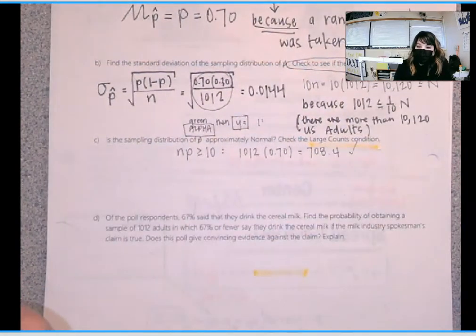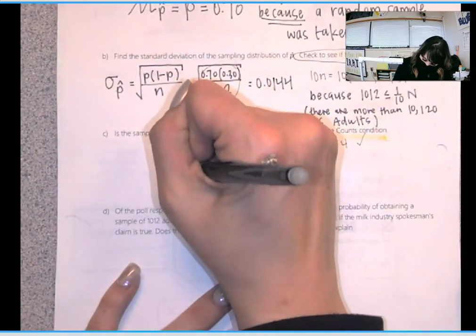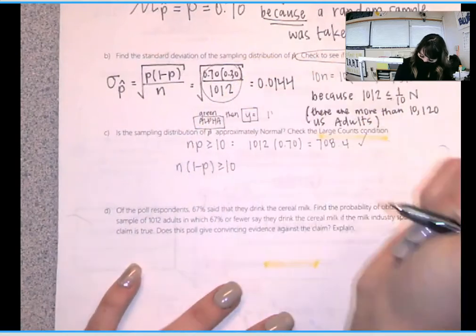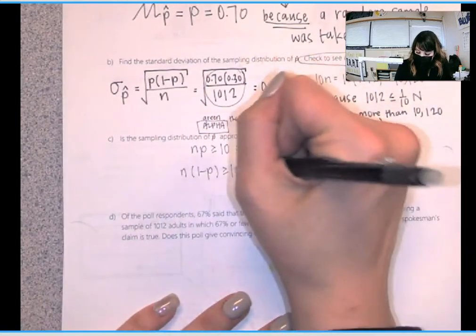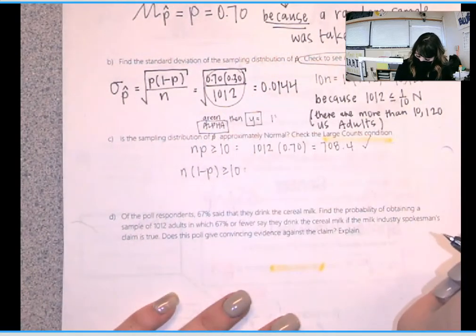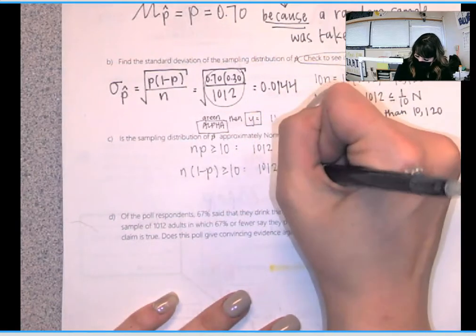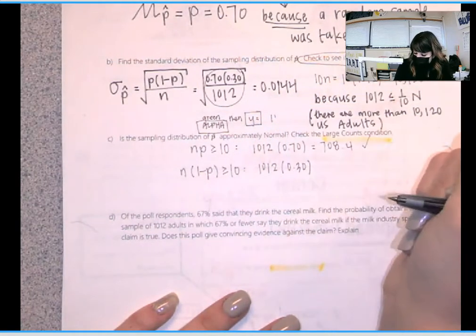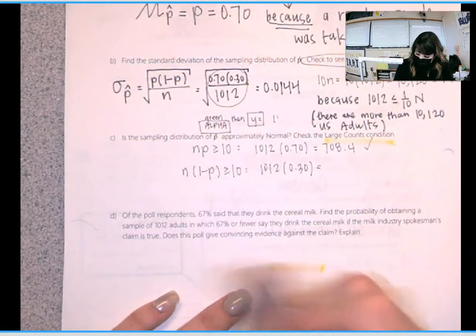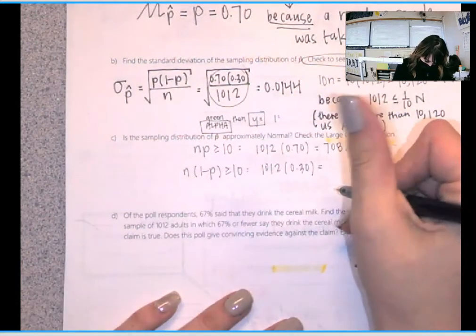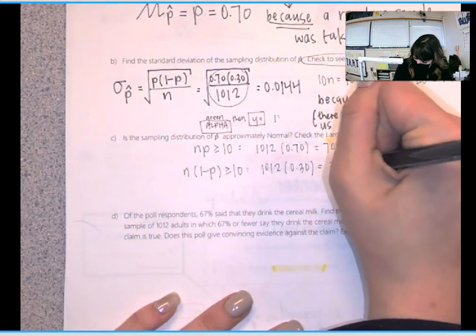So that one is satisfied. 708 is greater than or equal to 10. The other thing we check is that n times 1 minus p is greater than or equal to 10. So we do 1012 multiplied by 0.30 this time. And that gives us 303.6.